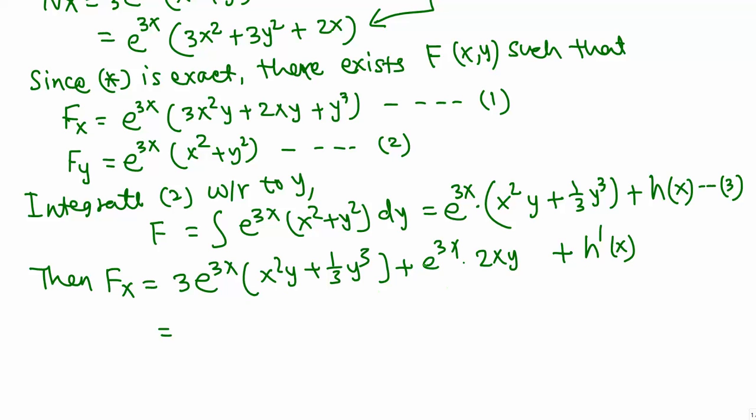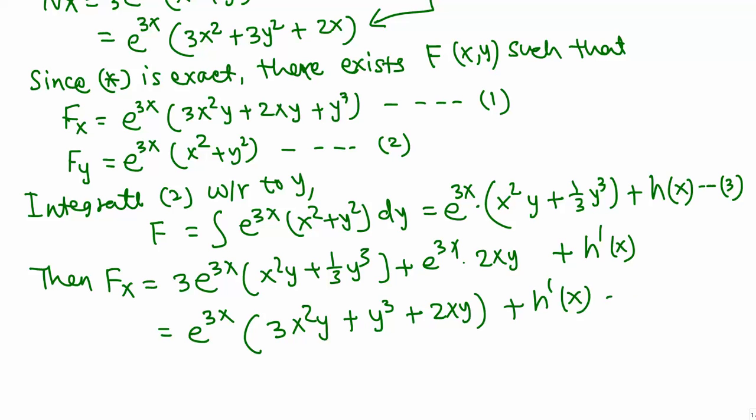From these two terms, we can pull e raised to 3x all the way out, like in 1. Then we need to multiply the 3 inside: 3x squared y, plus 3 times 1/3 y cubed, just y cubed, plus, with e raised to 3x factored out, what is left, 2xy, plus h prime of x. Let's say this is 4.